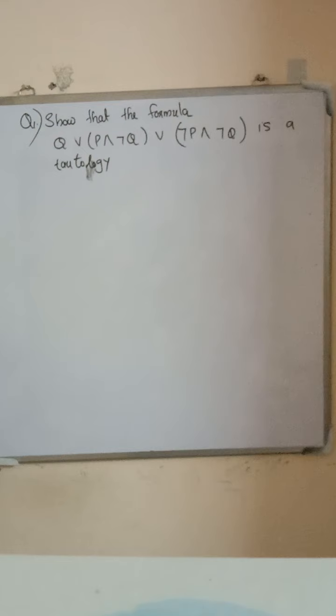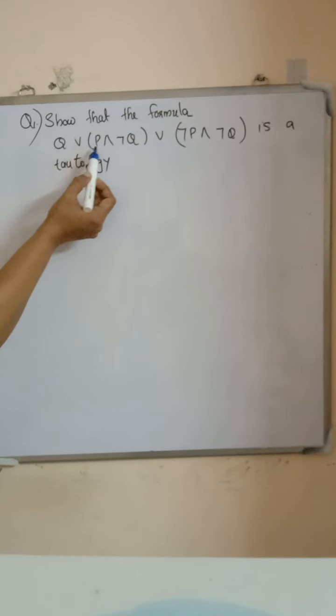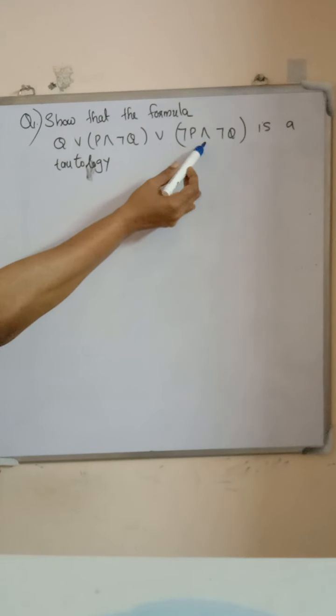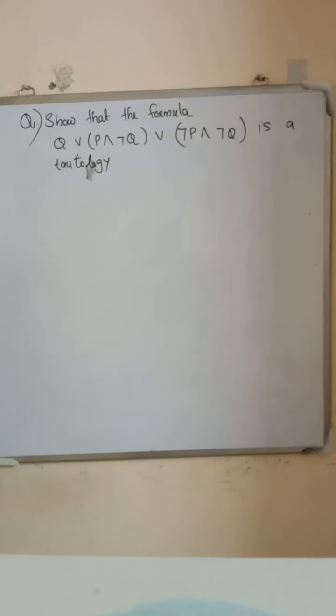Show that the formula Q or (P and negation Q) or (negation P and negation Q) is a tautology.